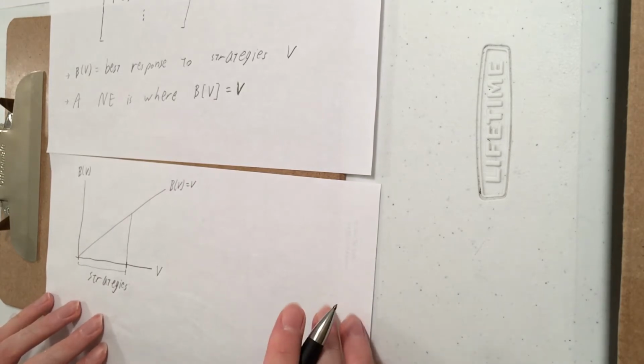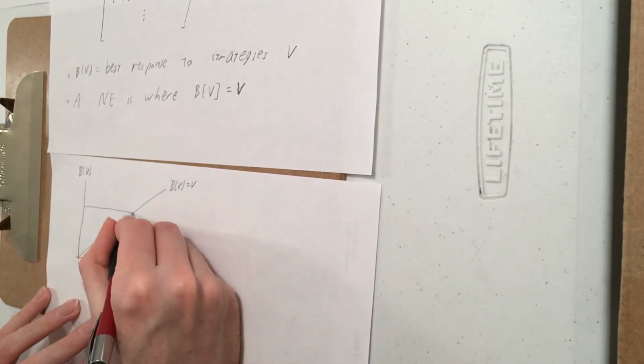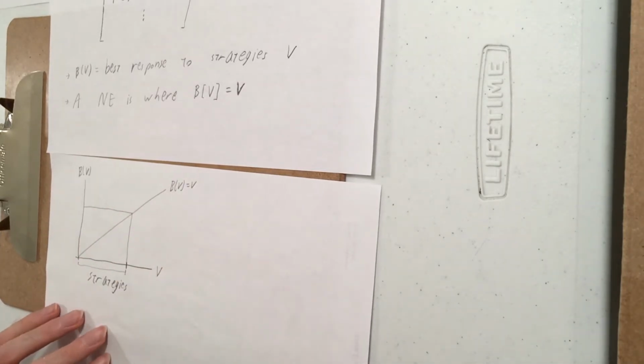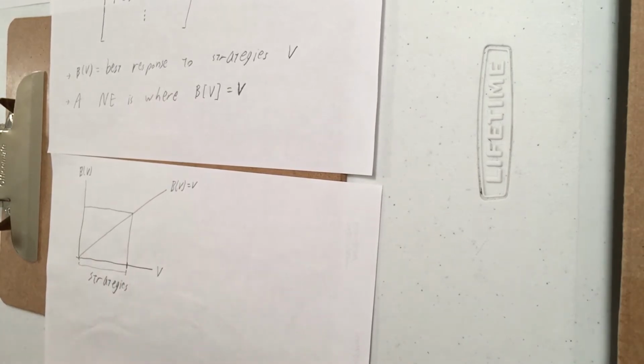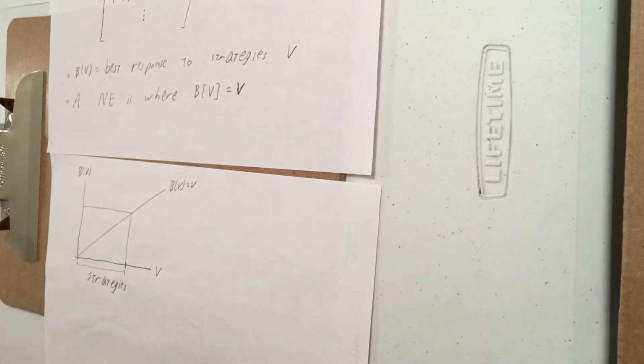Now the best responses to those strategies have to be in the same range. So my strategy could be, I can play either A or B. That could be a set of strategies. And the best responses to them are similarly going to be in some range.